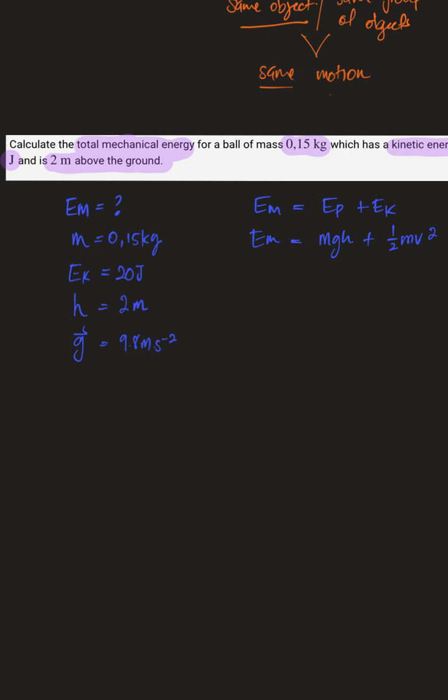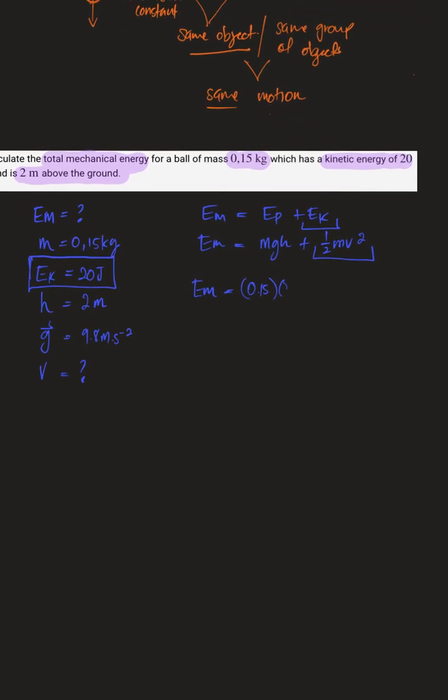Right, so here's some bits of information. We don't know the velocity, but do we even need the velocity? Because look here, they gave you that EK value. They gave it to you as 20 joules. So what we're going to say is EM is equal to the mass, 0.15, times the gravitational acceleration, 9.8, times the height, which is 2 meters, plus they already gave us this as 20 joules.